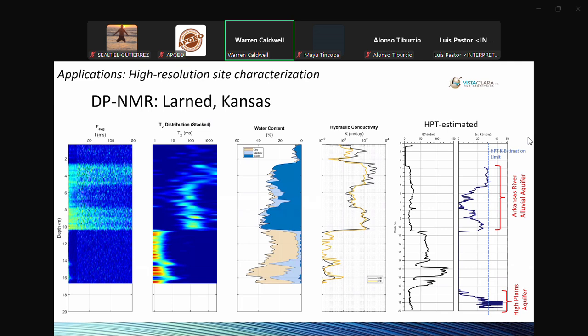I mentioned these relationships are semi-analytical, semi-empirical, and they make different assumptions about how the NMR relates to hydraulic conductivity. So some may be more or less appropriate in different situations.